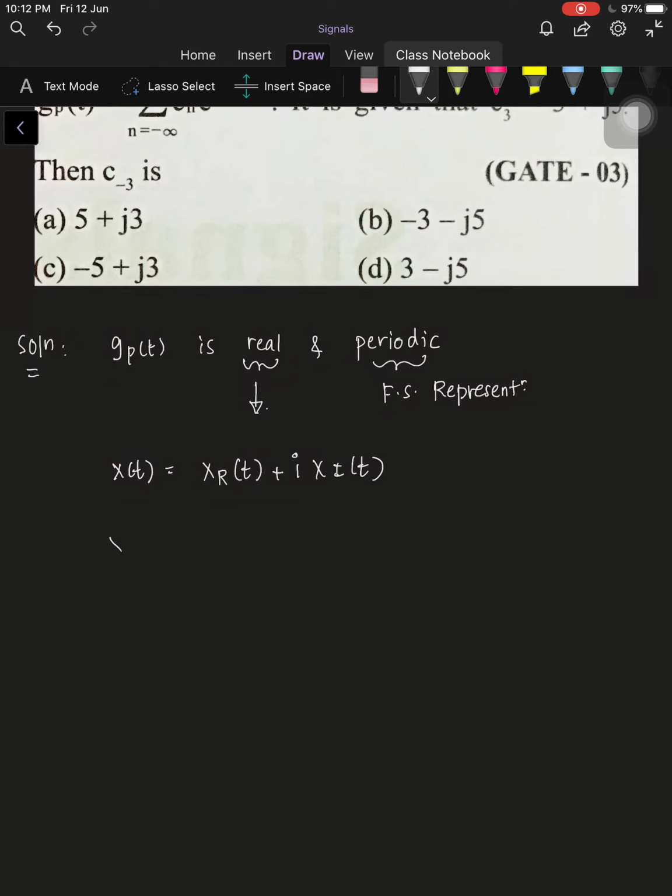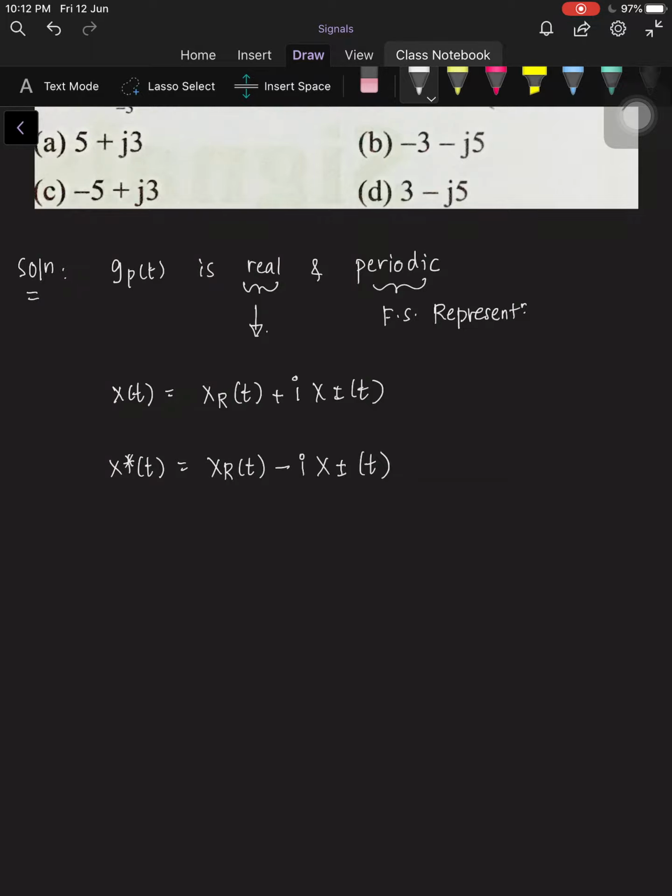If we take the complex conjugate of the given signal, we all know what happens: the imaginary term just changes its sign. Since the signal is real, the imaginary term is not present, which also means that x of t is the same as x star of t, because conjugate does not have any effect on the real terms.